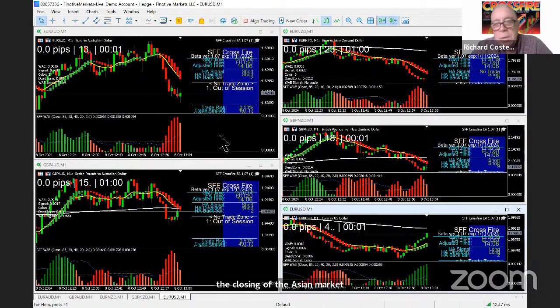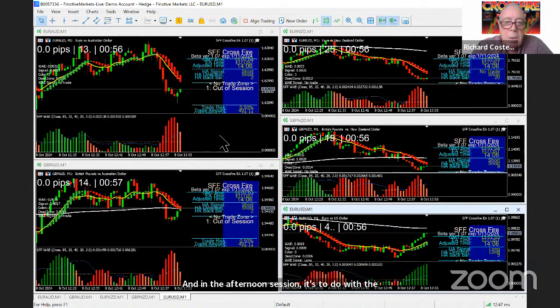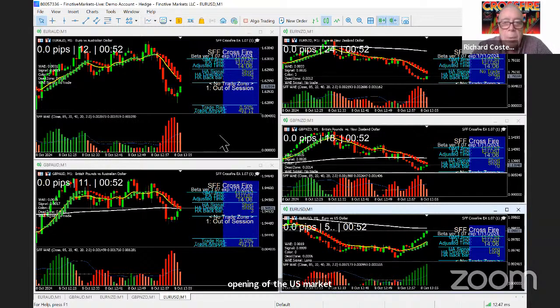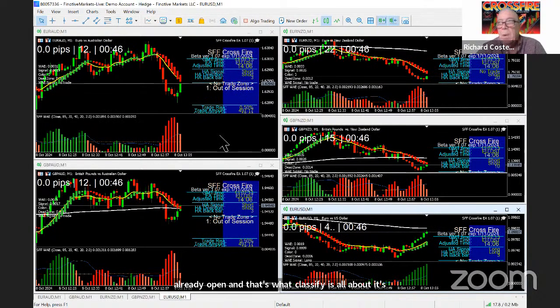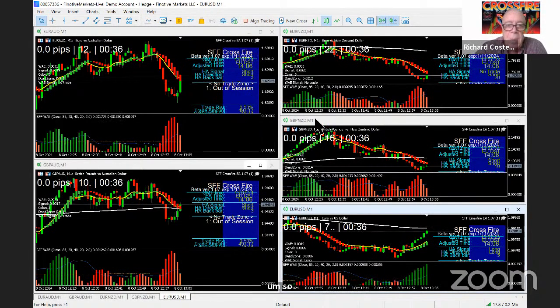And in the afternoon session, it's to do with the opening of the US market, whilst the London market is already open. And that's what crossfire is all about. It's the handover or the changeover and the price manipulation that goes on. So those 4 pairs are the 4 true crossfire pairs.